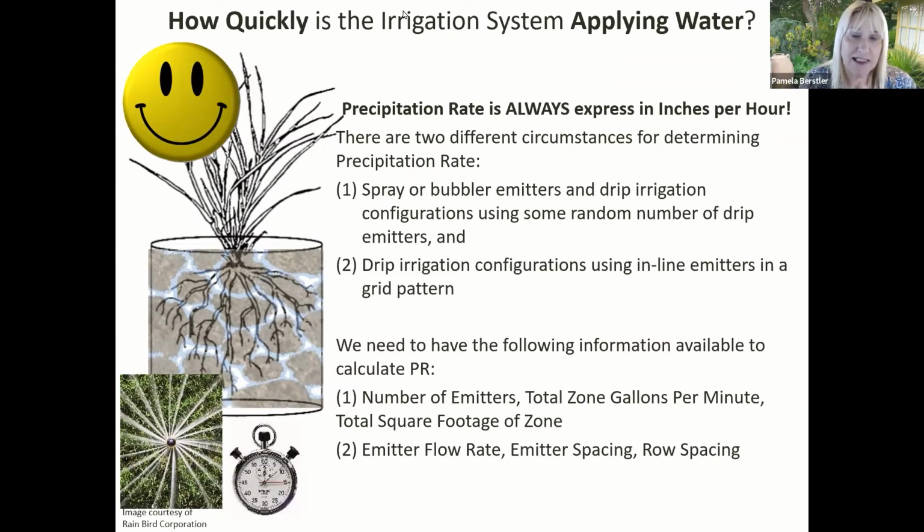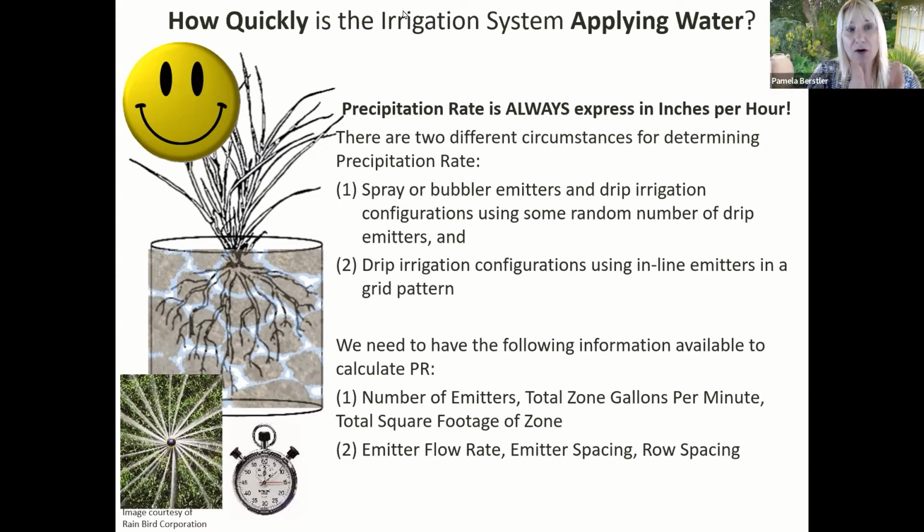The other circumstance is if you have a drip irrigation system configured in a grid pattern that uses inline emitters. So these are emitters that are in the irrigation tubing at regular intervals.